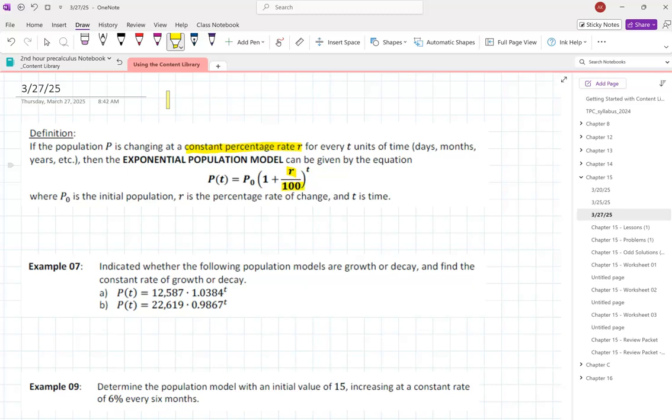That's just me building into the formula converting that percentage into a decimal. Okay? If you do that in your head and rewrite 7% as 0.07, don't divide by 100. The 100 is there to convert the percentage into a decimal. That's all that's there for. Is everybody okay?